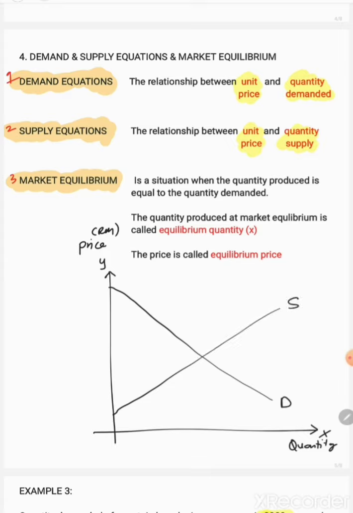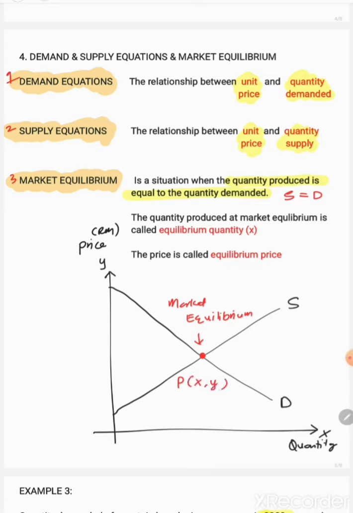Point number 3, market equilibrium, is a situation when the quantity produced is equal to the quantity demanded, meaning the quantity supplied is equal to the quantity demanded. In the graph, this is the point we call market equilibrium, where we have an intersection point, named P(X, Y).